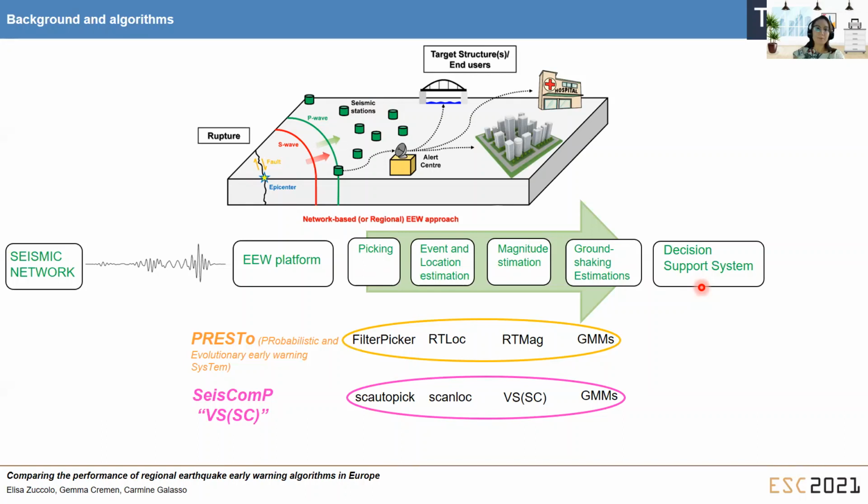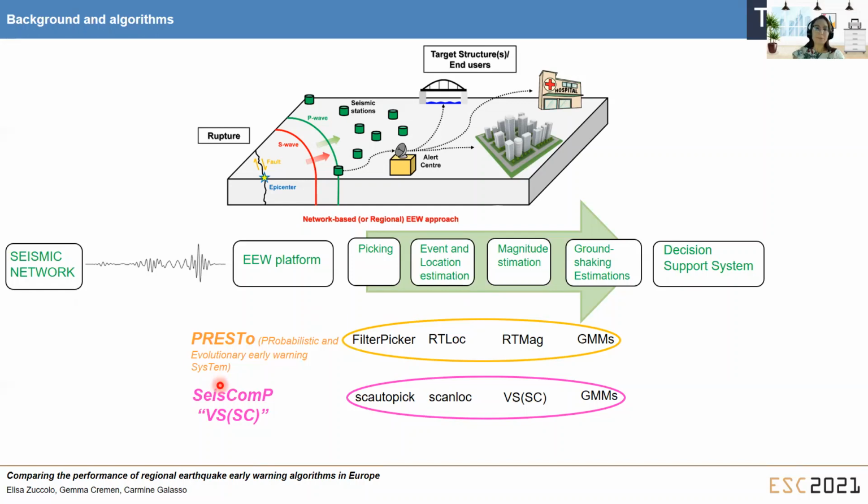In this study, we consider two popular platforms for early warning widely adopted in Europe. PRESTo, which is a free and open source platform specifically developed for early warning, and SeisComP, which is instead a real-time earthquake monitoring platform made by several modules and that can be also used for early warning purposes.